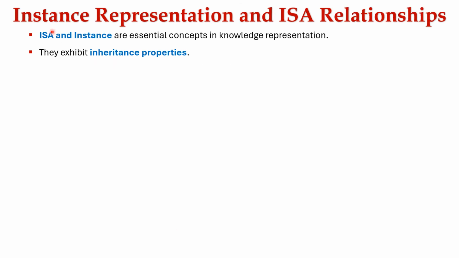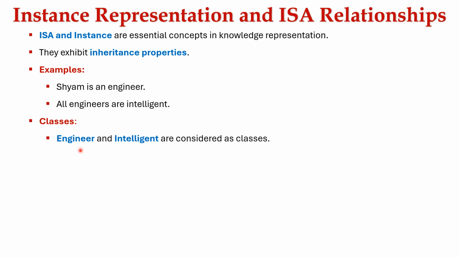Now let's learn about instance representation and is-a relationship. Is-a and instance are essential concepts in knowledge representation. They exhibit inheritance properties. Let's have an example. Shyam is an engineer. All engineers are intelligent. Here, engineer and intelligent are considered as classes.